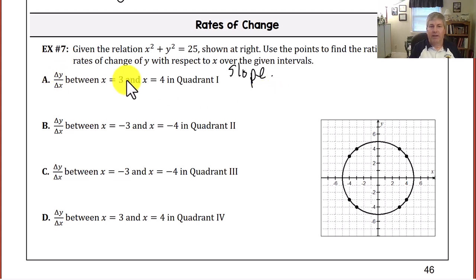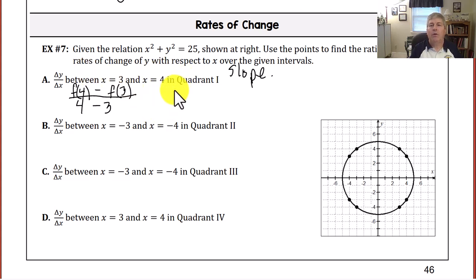So what we're going to have to do here is f of 4 minus f of 3 all over 4 minus 3. That slope, it's what we've done multiple times this year, and you'll probably see something like this on the AP test too, where you're asked to calculate a rate of change.